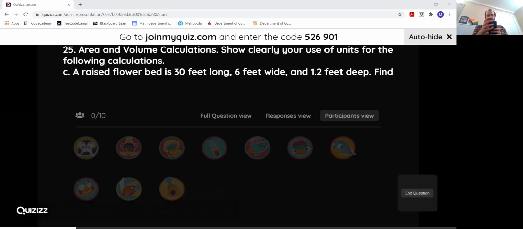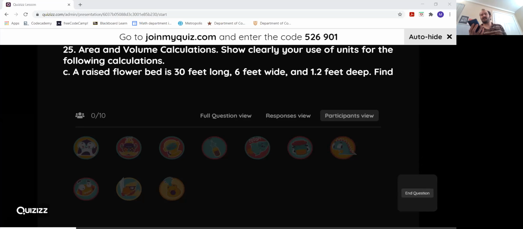Okay, so this one, I think we're doing area and volume of a garden. Is that what it is? A raised flower bed. So this one, we want to find two different things. I broke it up into two different questions. The first question they ask is to find the area of the bed. They tell us a raised flower bed is 30 feet by 6 feet by 1.2 feet deep.